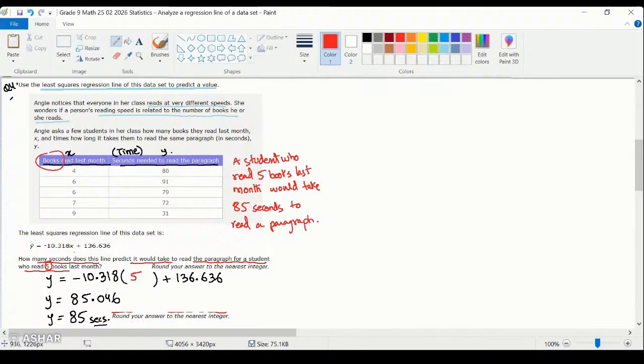Basically, what we are doing is comparing the value of x against the value of y. So this is the prediction that we are making through this given information.